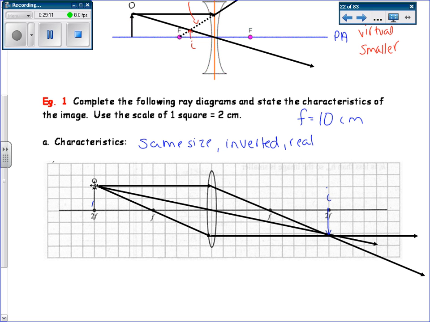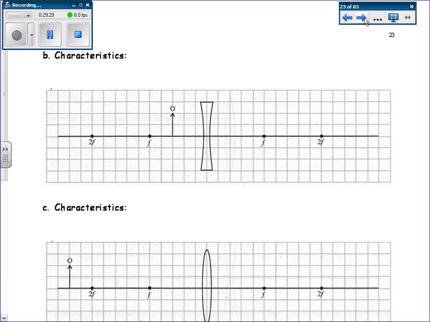Okay. The next one we're going to do is a concave one. Concave lens.